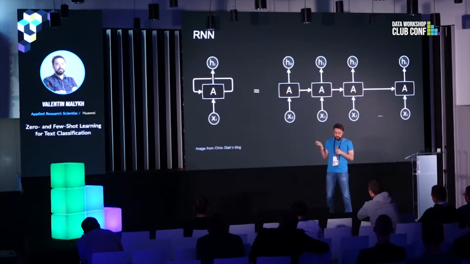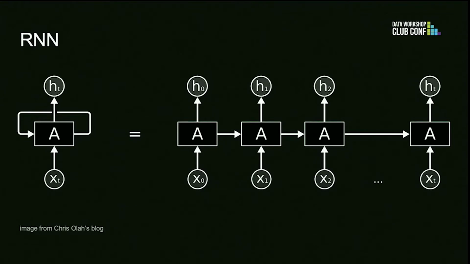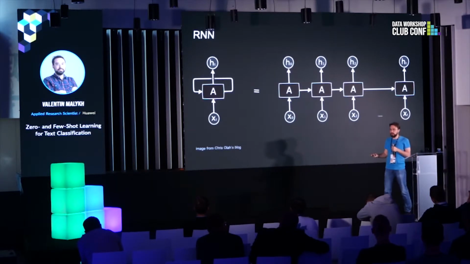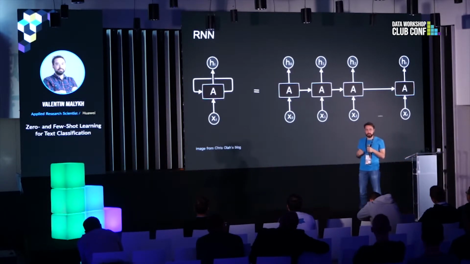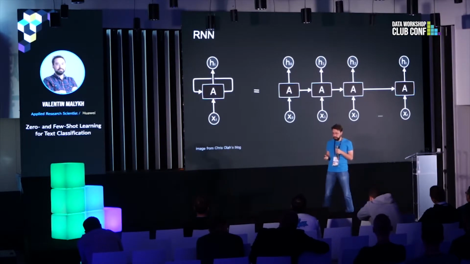Okay. First of all, I need to discuss with you what the RNN is. The RNN is a recurrent neural network. It is a really simple thing to understand. There will be no formulas, so you could not be sleeping right now. There are no formulas, only pictures. And the idea of RNN is really simple. We have some input, we store some representation of this input inside the model.